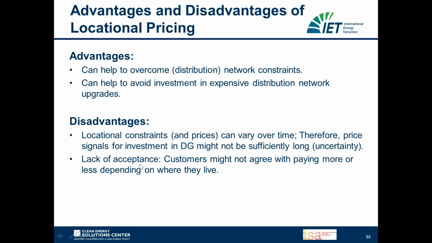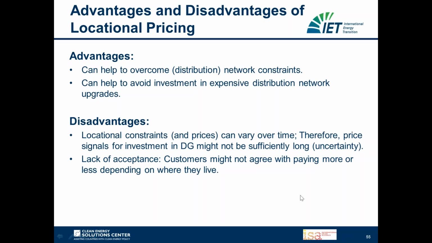And there might also be a lack of acceptance that, for instance, I pay a higher electricity price than my friend who lives 100 meters down the road, who is then in a different nodal point or in a different electricity zone.